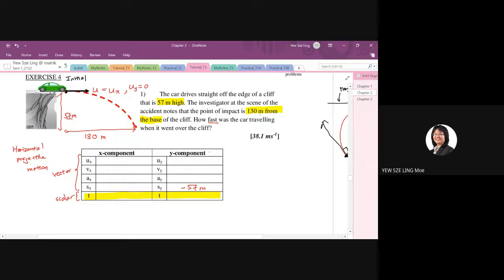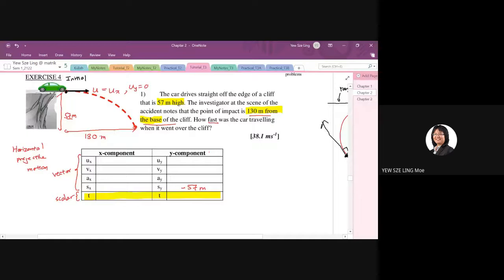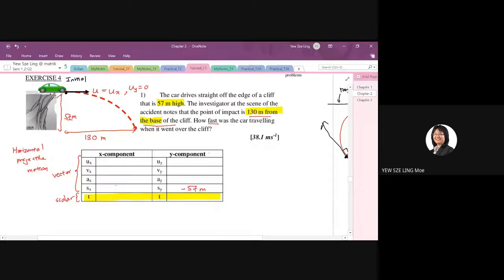Then the investigator of the accident notes that the point of impact is 130 meters from the base of the cliff. This 130 meters, as you can see in the diagram, represents horizontal displacement, and it is located on the right hand side of the object. Therefore, it is 130 meters.